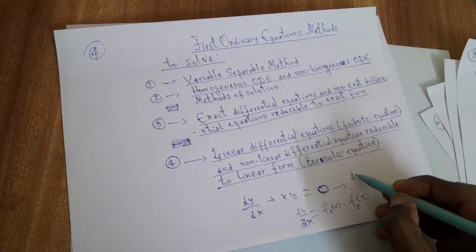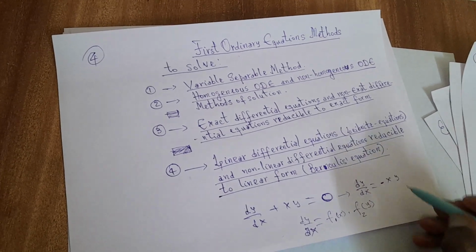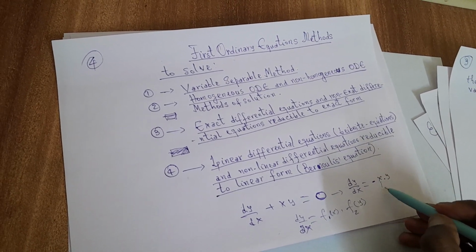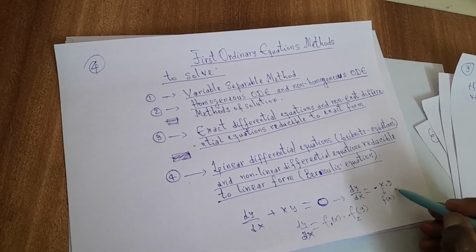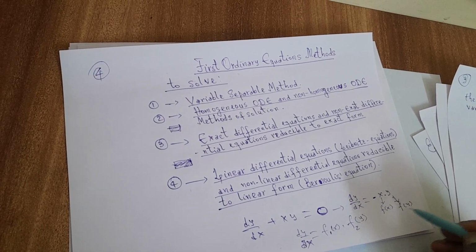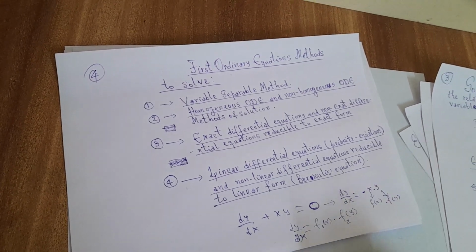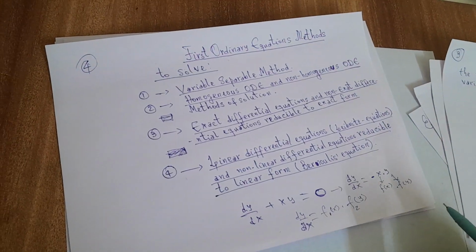So you just take this one, this will be dy upon dx is equal to minus x y. As long as you can separate f of x as a function of x and f of y as a function of y, this can be solved by the separable method.